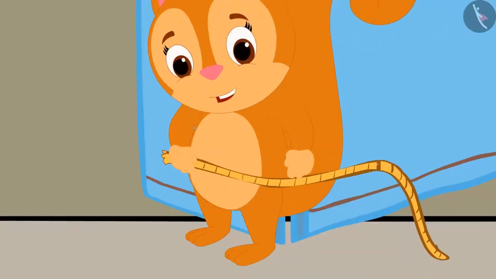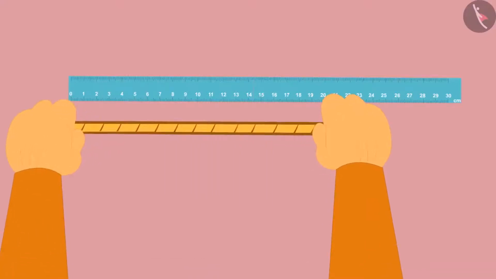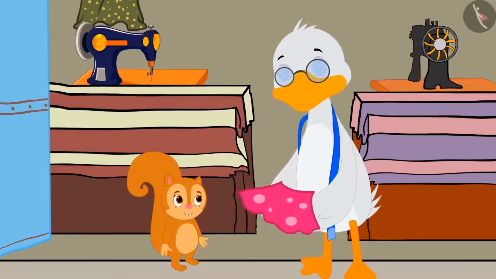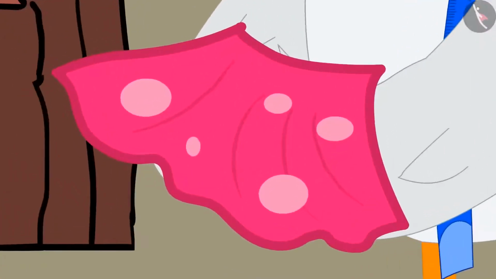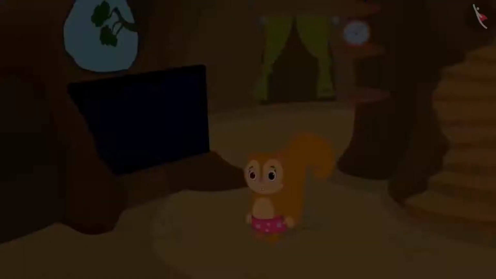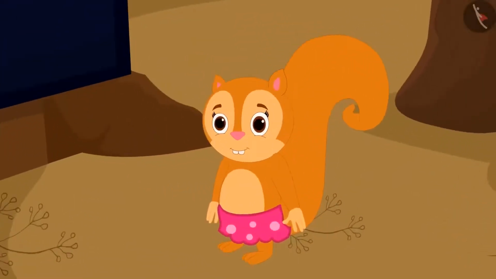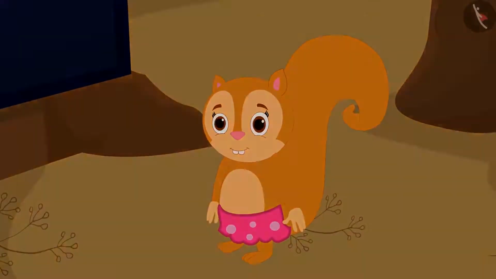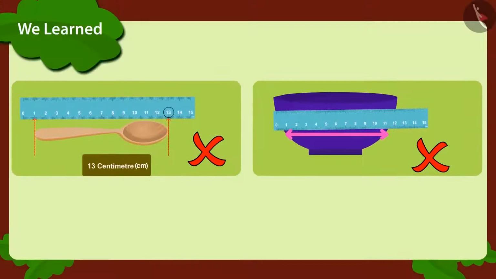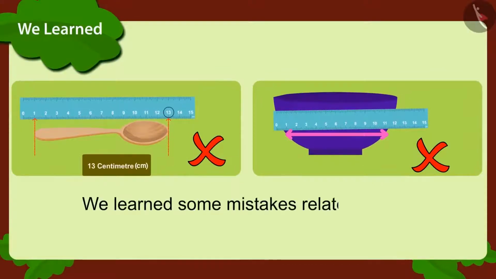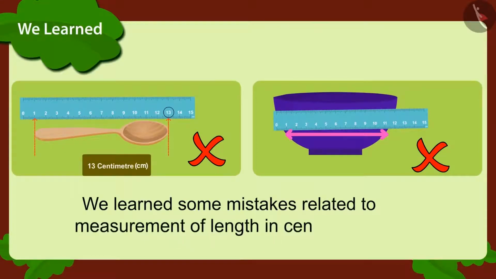Now she measured her waist properly and got a beautiful skirt made from Uncle Babble. See how beautiful she looks in her new skirt? Kids, in this video, we learned about some common mistakes related to measurement of length in centimeters.